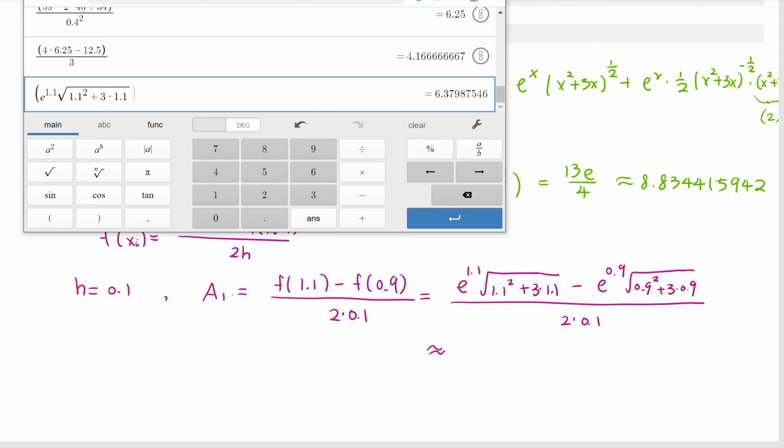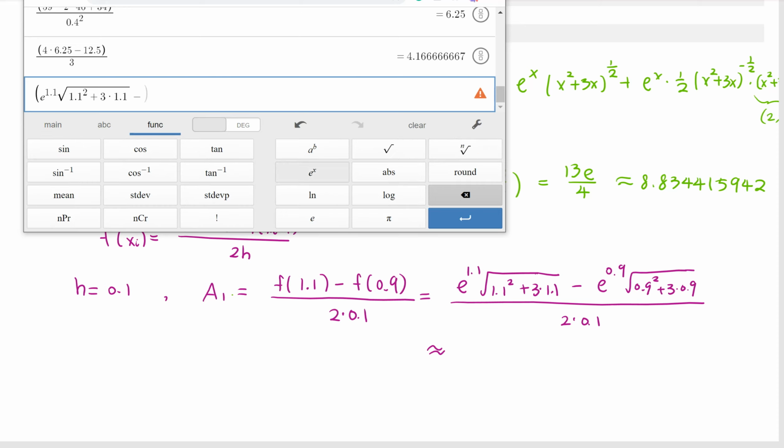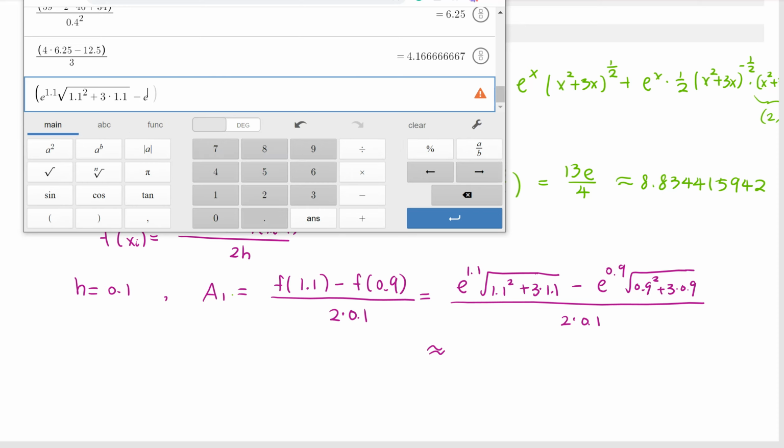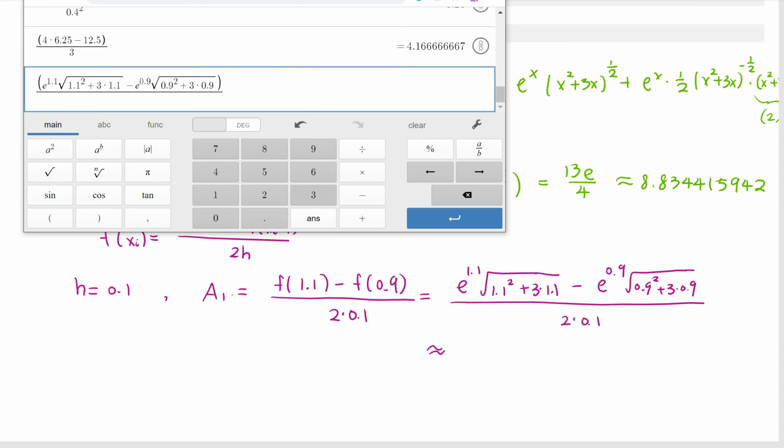Okay, let's type everything here. And then this is e to the 0.9 times the square root of 0.9 squared plus 3 times 0.9. Okay, all of that divided by 2 times 0.1.